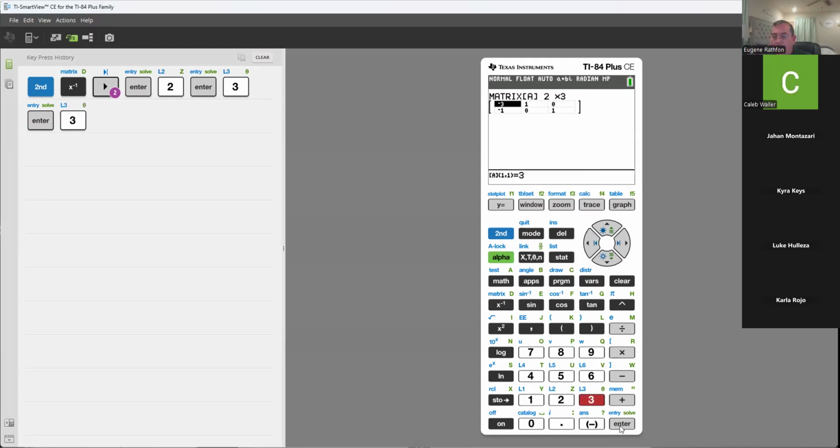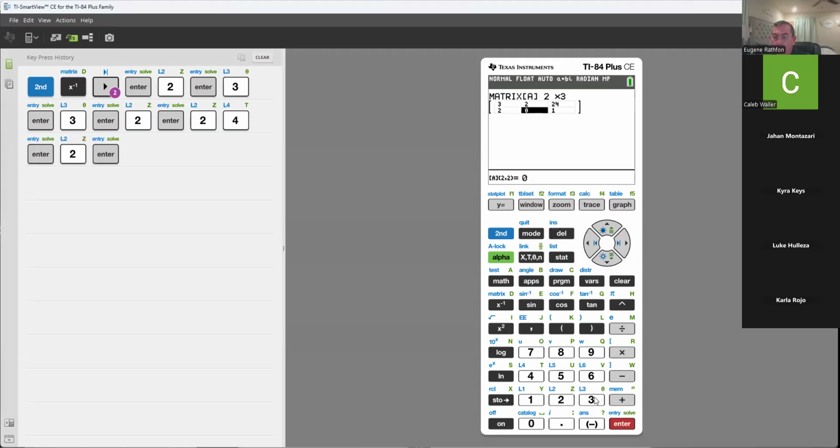So I have 3 enter, 2 enter, 24 enter. Now I'm on the second row. I had a 2 for the X enter, a 3 for the Y enter, and a 26 for that answer enter. Once you put them all in, it'll jump back up to the top left.